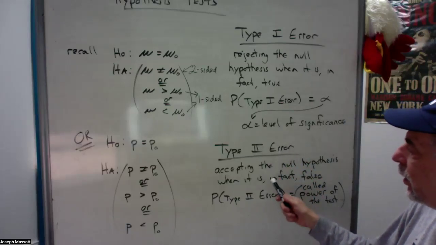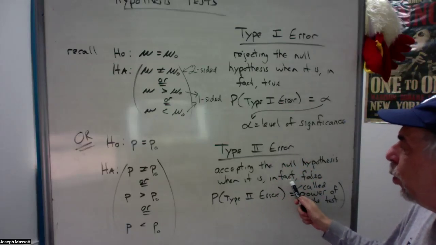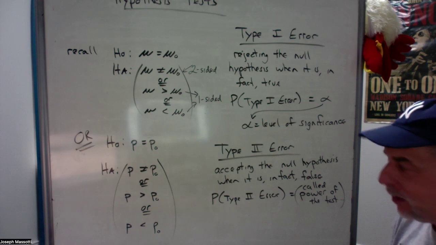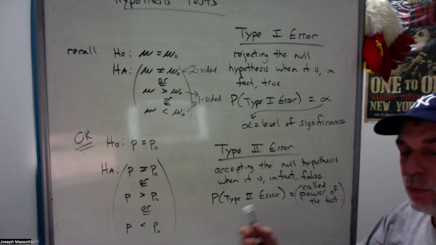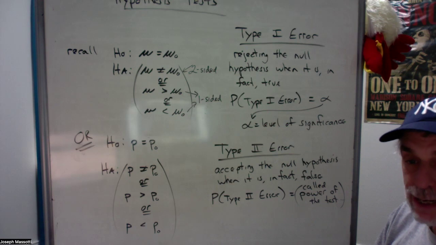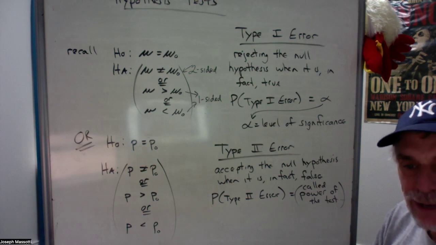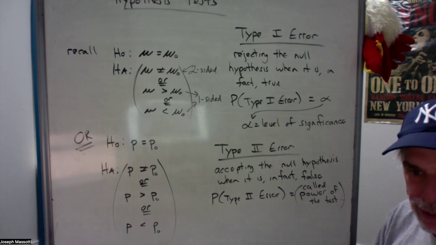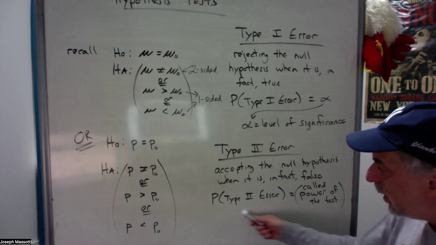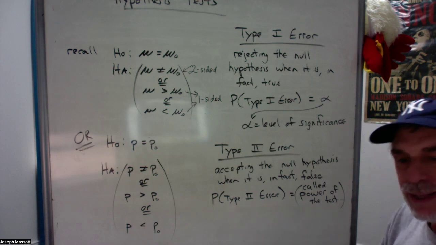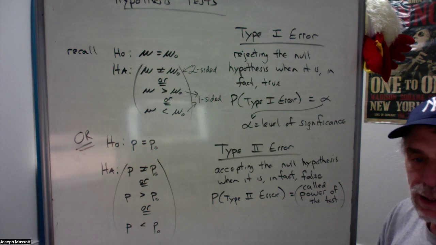So a type 2 error is accepting the null when it is in fact false. So accepting the idea that someone is innocent when in fact they're not, because we don't have enough evidence to change our mind. Now, the probability of a type 2 error is a little beyond this class's level of calculating it out.